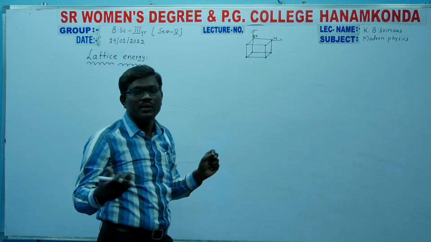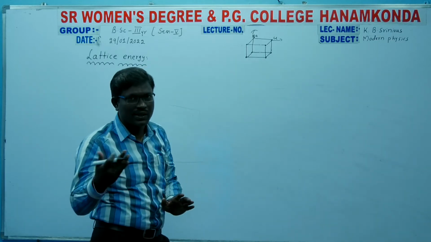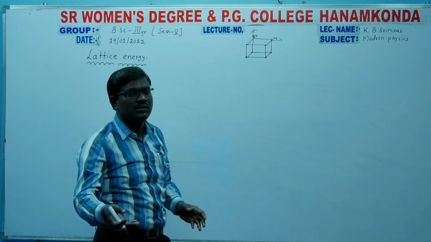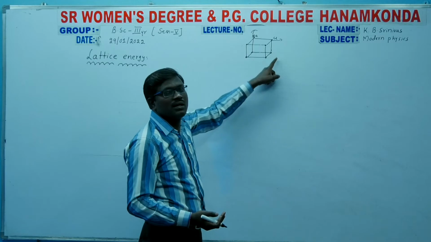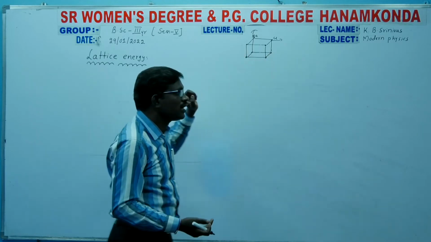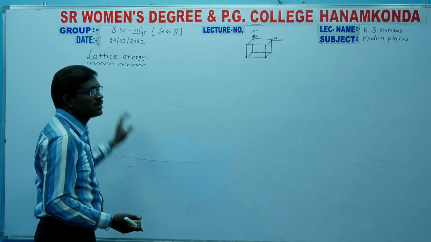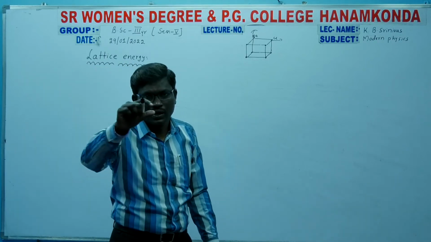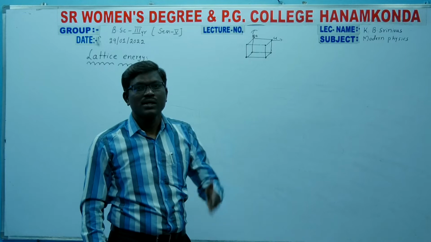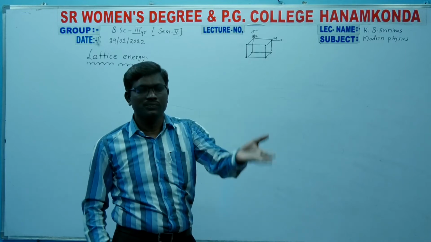That energy released when ions are placed at the lattice points is also called lattice energy. In the examination, they will ask like this: define lattice energy and derive an expression for it.